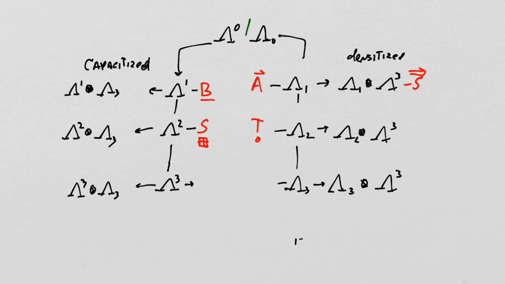If you go back here, you say, okay, well, the arrow, its dual isomorph is the capacitized two form. There's the two form, and that's capacitized. It's the capacitized two form. So I can take a capacitized two form, and I can operate on a densitized one vector. And the result is going to end up being, we're going to see in a moment, a stack, or a one form.